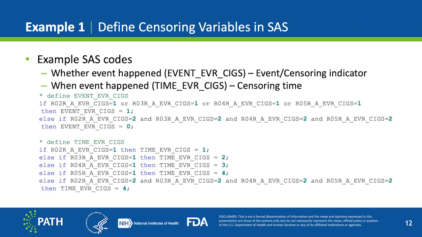We use censoring time or time_EVR_CIGS for when an event happened. It's when this average cigarette use indicator becomes 1. We will then assign a value of 1 to this event indicator. And if a person never uses cigarettes throughout these waves, they will be given a value of 0.